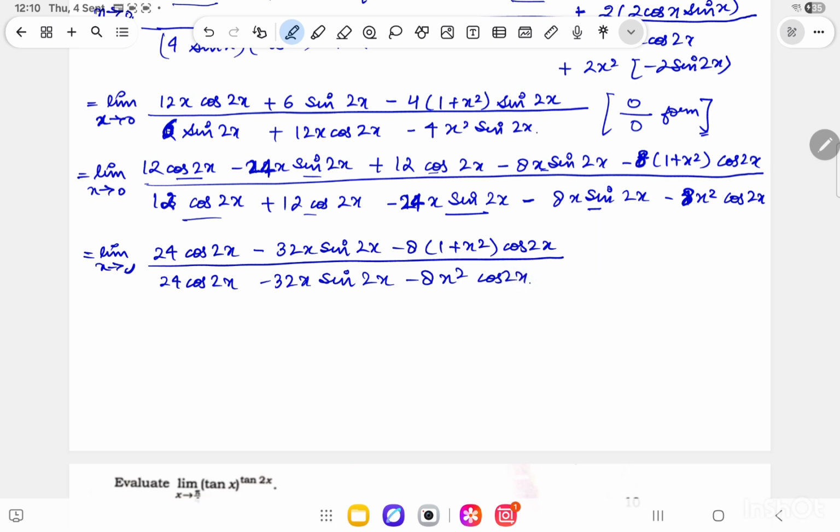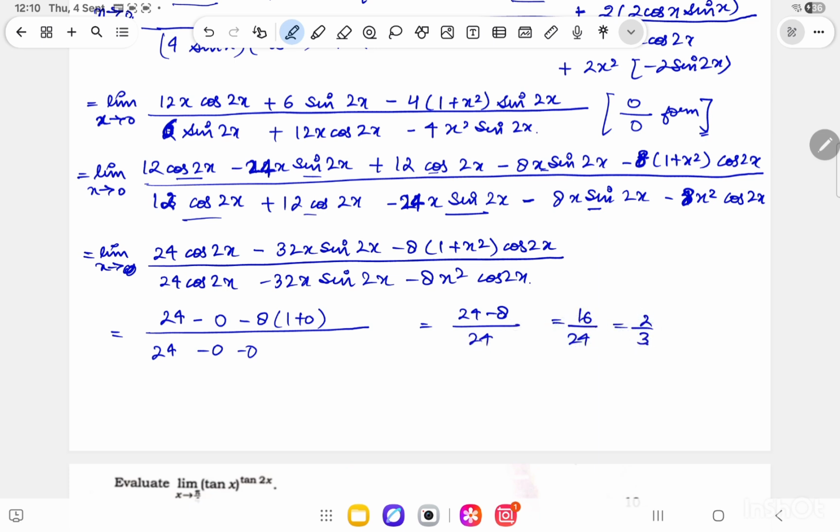So if I put x equals to 0 here, I'll be getting 24 minus 0 minus 8 into 1 plus 0 into 1, divided by 24 minus 0 minus 0. So my limit is basically 24 minus 8 divided by 24. It is 16 by 24, that is 2 by 3. So the limit of this term is basically 2 by 3.